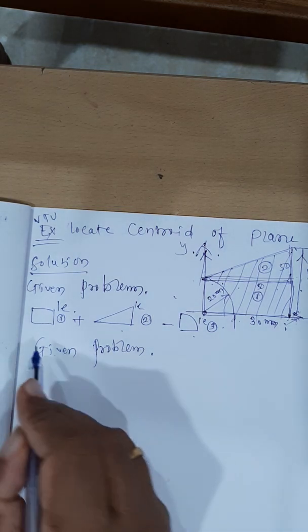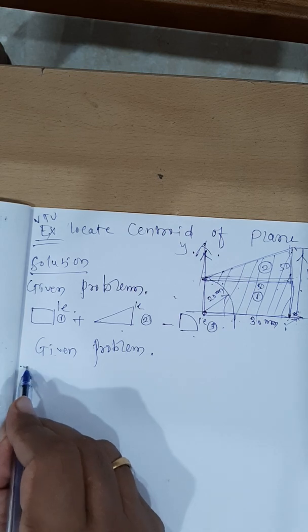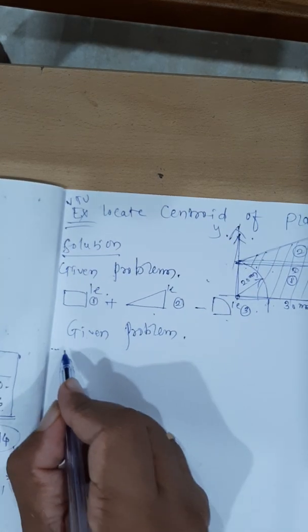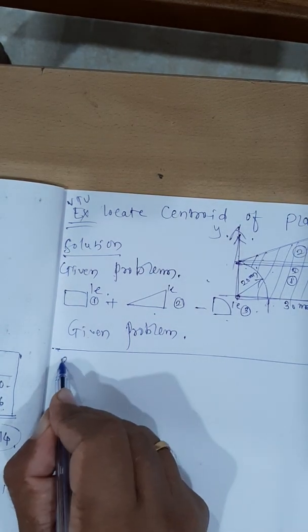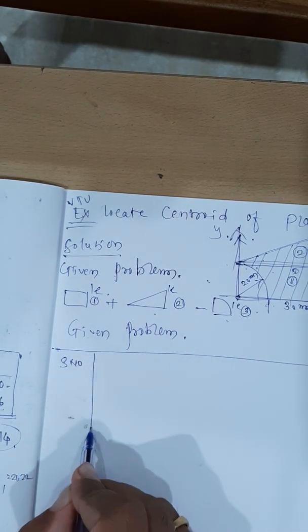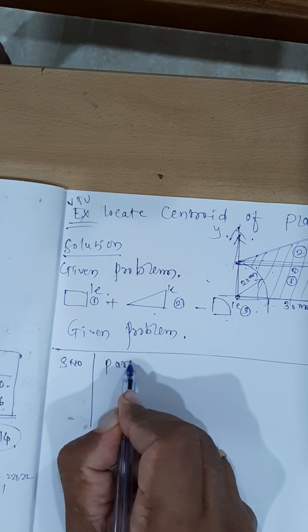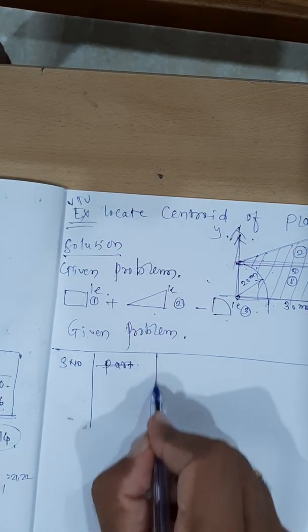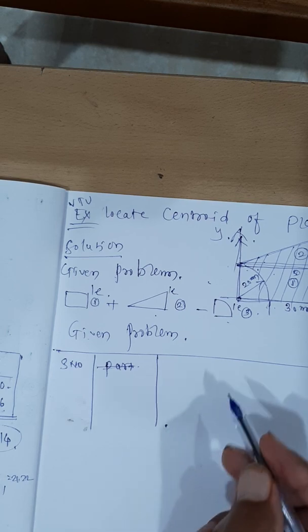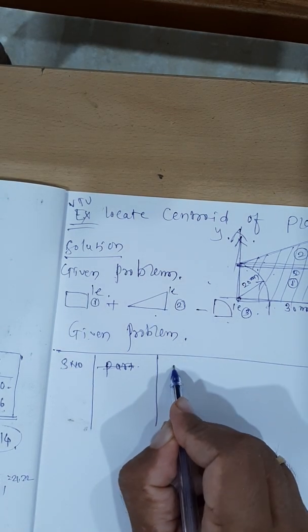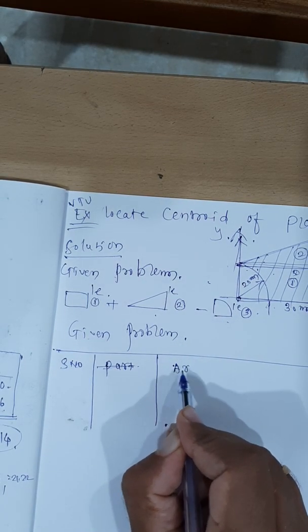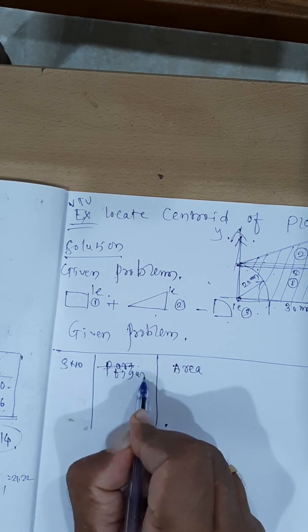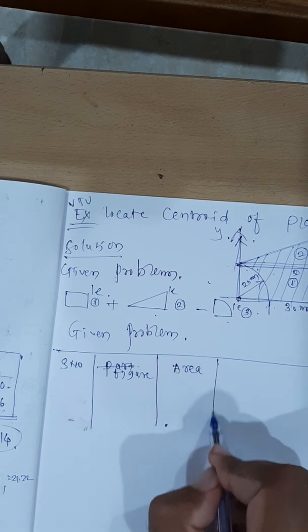Now you start with the calculations. Usually we put all the calculations in the form of a table. Serial number. Next comes the part or the figure. Next comes the area of that figure.